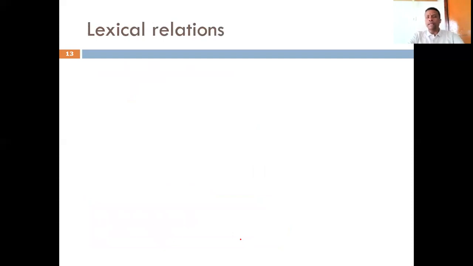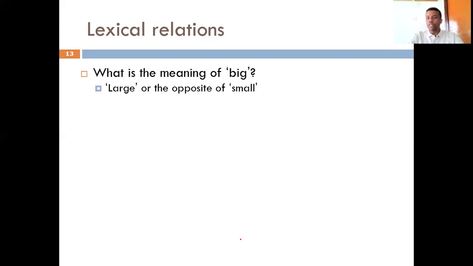The other type of semantic representation that we have is what we call lexical relation, mind you. Beyond the dictionary meaning, there is a lexical relation between the words. For instance, what do you mean by big? The word big has multiple meanings. Sometimes it means large, or it can also mean the opposite of small.